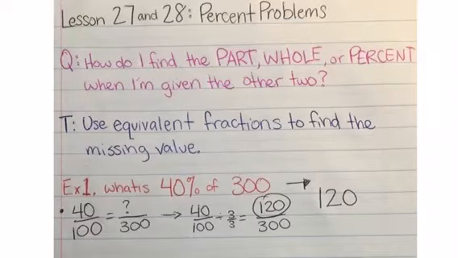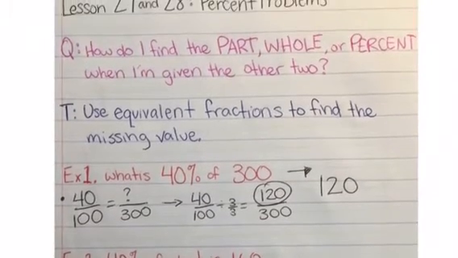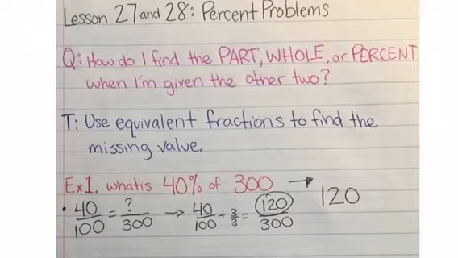What we're going to be doing is looking at how we can take two of these to find the third. Essentially, the easiest way to do that, and the way we're going to be looking at here on our notes, is to just use equivalent fractions to find whatever the missing value is. And I'll be explaining how to do that for each example.